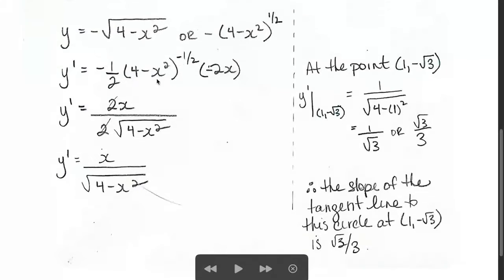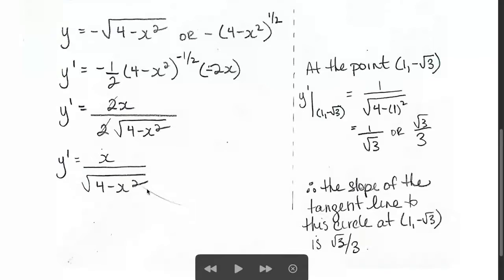And then I'm going to take the derivative of the inside, which is negative 2x. So I simplify that. I'm going to bring this down because it's now a negative exponent. My negative 2x stays on top and combines with this negative 1. So I get positive 2x on the top. My 2 stays on the bottom. This shifts down, so I get the square root of 4 minus x squared on the bottom.